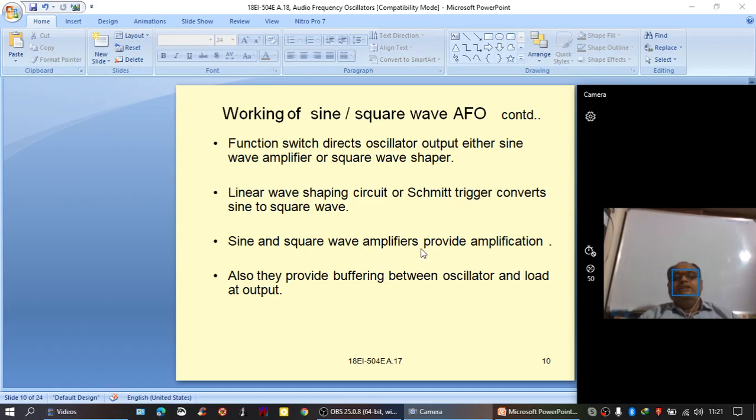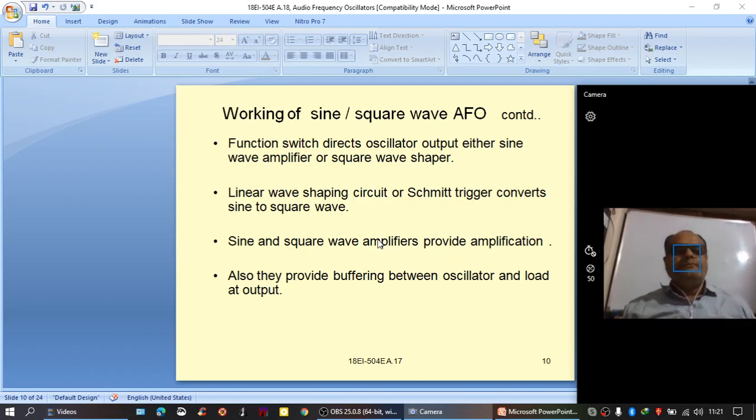Sine and square wave amplifiers provide amplification, and they also provide buffering between oscillator output and load circuit. This is to avoid loading of the external circuit on the oscillator, because the oscillator has to provide a continuous, stable amplitude signal.